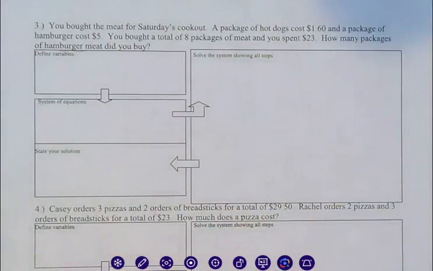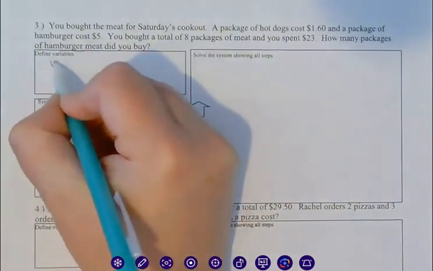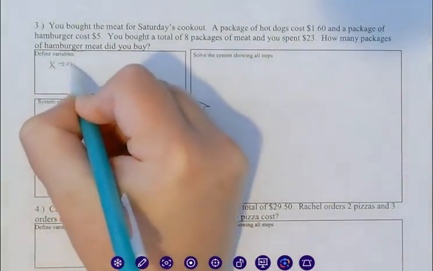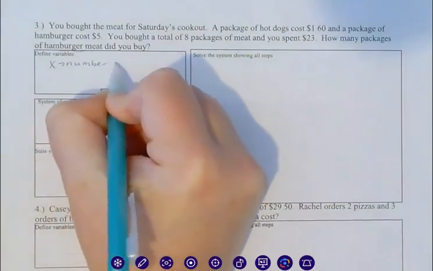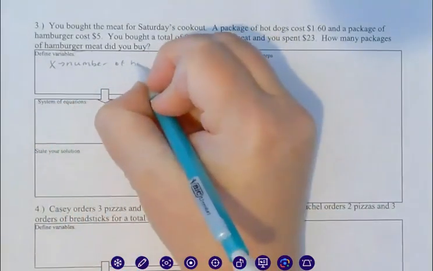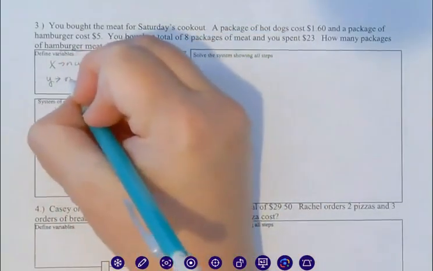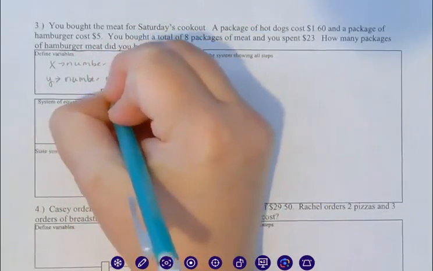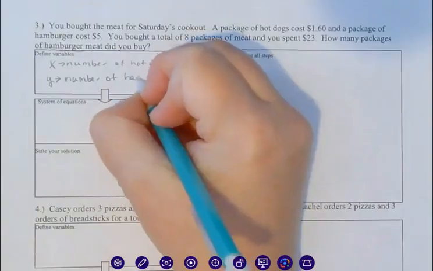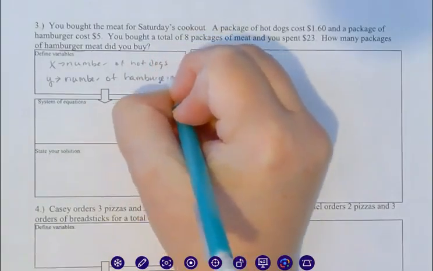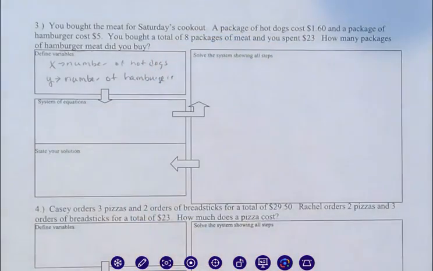Well, we've got two things here that we're talking about, hot dogs and hamburgers. I'm going to let X be the number of hot dogs, and I'm going to let Y be the number of hamburgers. And that's the packages.